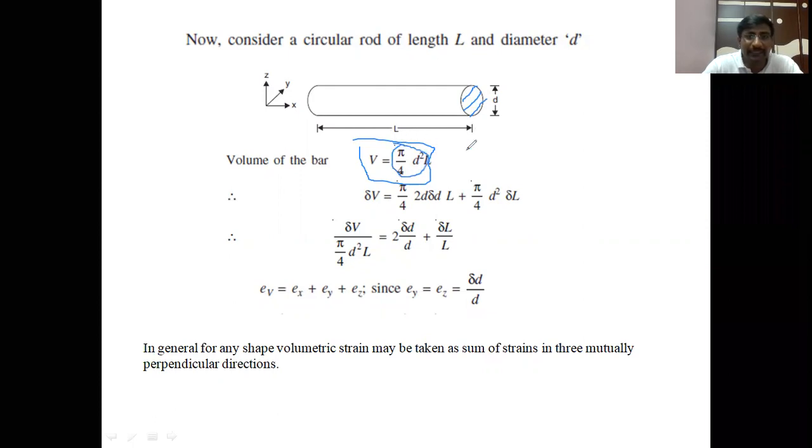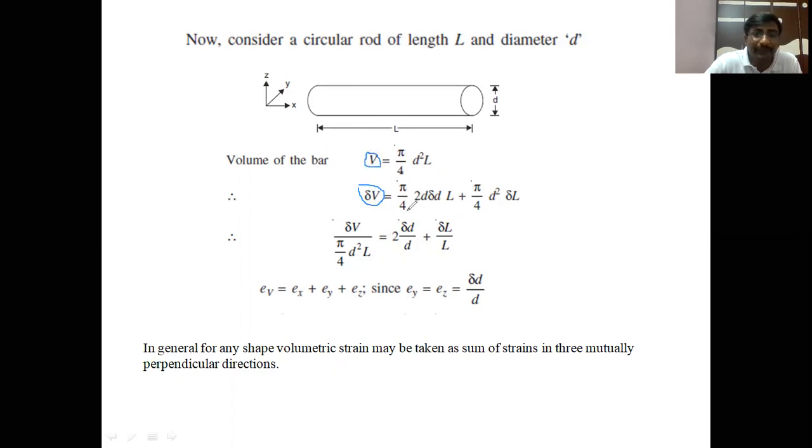It can also be represented in terms of the radius of the bar, pi r square. Otherwise, in terms of d, the cross-sectional area is pi by 4 d square. Pi by 4 d square, the cross-sectional area, into the length of the member becomes the volume of that member. Clear? If we differentiate this equation on both sides, delta V is the differentiation of the volume.